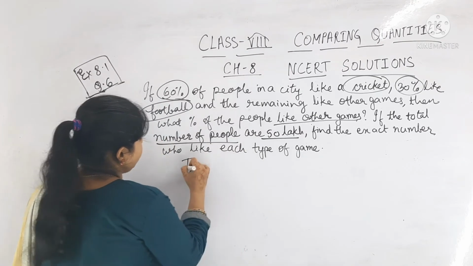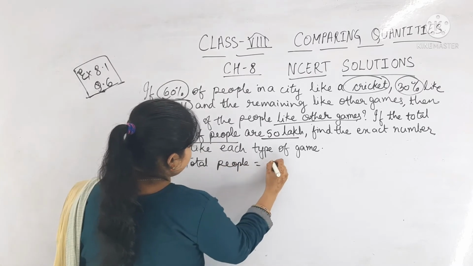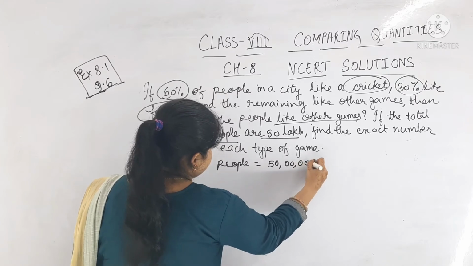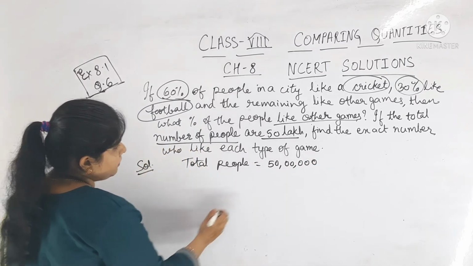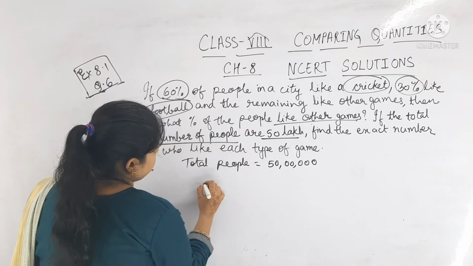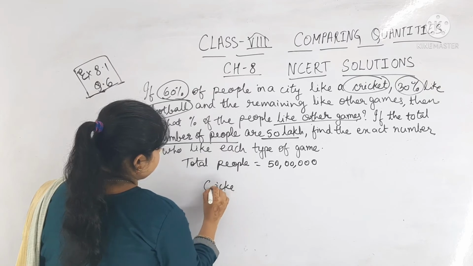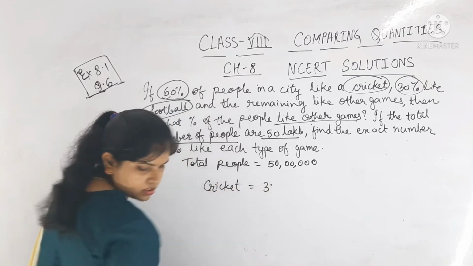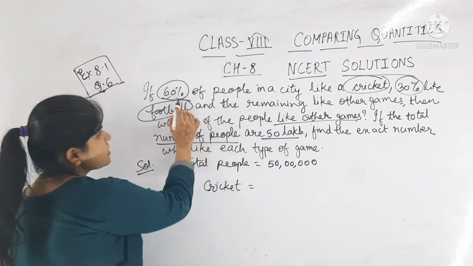Okay, so total people equal 50 lakh. This is the solution. For cricket, it is given 60%.